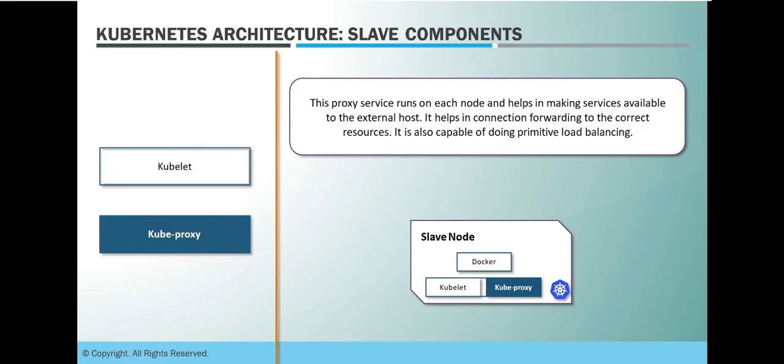Then comes kube-proxy. Proxy, we understand, is needed to mask some information, actually hiding some information behind. So this proxy service runs on each node and helps in making services available to the external host on some address, a proxy address.